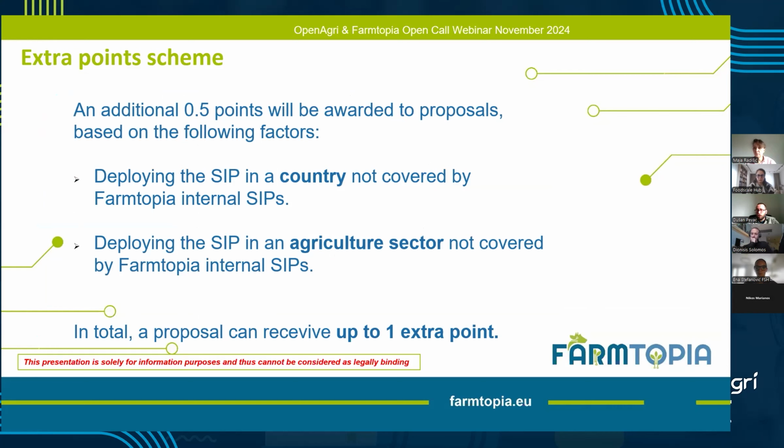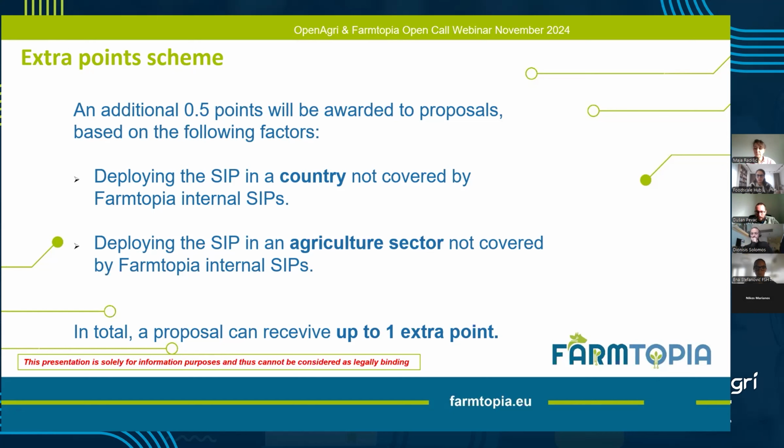In Farmtopia, we also have an extra point scheme, meaning that we will award up to 1 extra point to each application that meets the following conditions. Deploying the Sustainable Innovation Pilot in a country that is not already covered by Farmtopia internal SIPs. My colleague Dionysis has told you what countries we are covering with our internal SIPs, and if your country of piloting is outside, you can receive 0.5 points on that, and the same goes for agricultural sectors not covered by the Farmtopia internal SIPs.